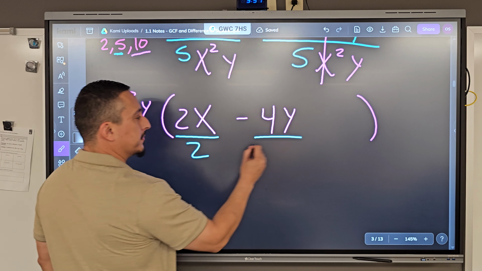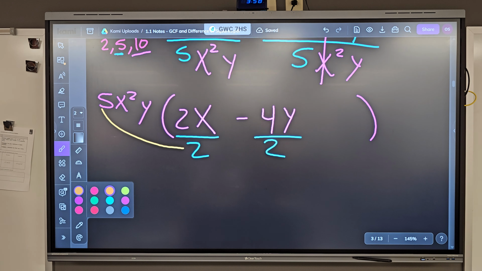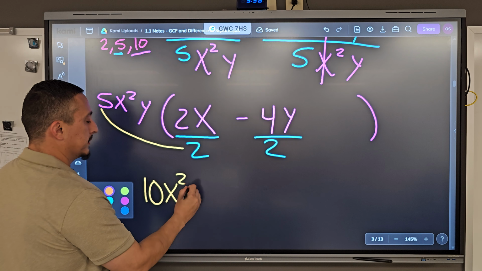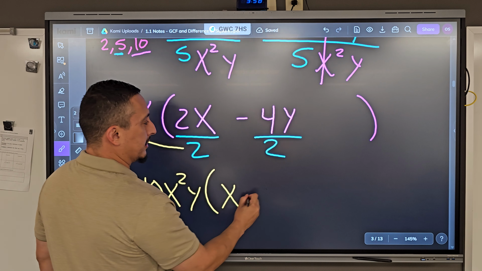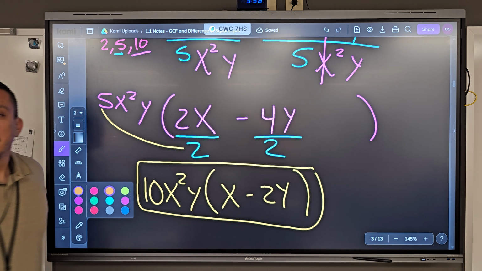So I divide by 2. The more important question is, what do you do with that 2 and that 5? You multiply them, right? Because that's how we get that 10. So if I take that 2 out, now this is a 10. And now that's a 1 and that's a 2. That's the final answer. Does that make sense?